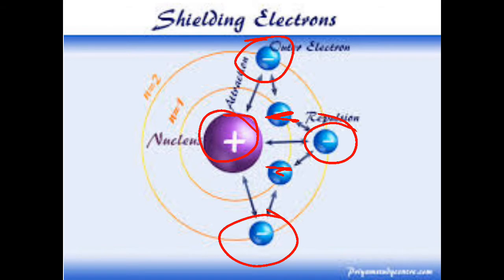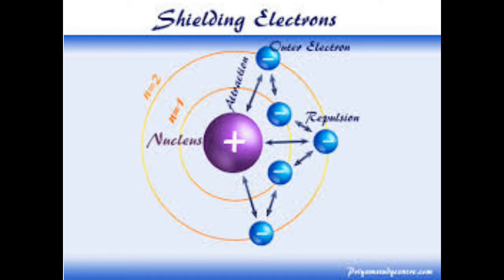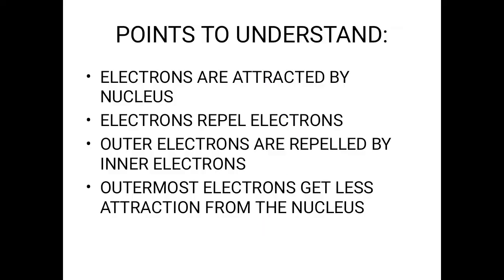As these electrons are attracted by the nucleus, they come closer to the nucleus, decreasing the size of the atom. But at the same time, these electrons are repelled by the inner shell electrons, like this electron repels this electron. Similarly, the outermost orbit electrons are being repelled by the inner ones. So if an outermost electron tries to come closer to the nucleus, the inner shell electrons repel it outwards. So shielding effect means the decrease in the force of attraction.